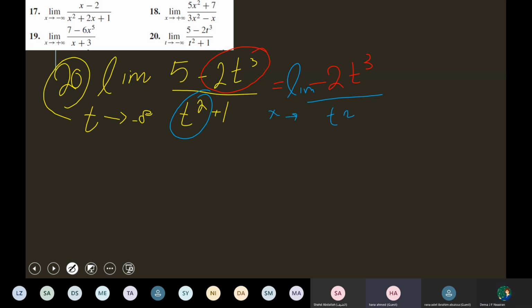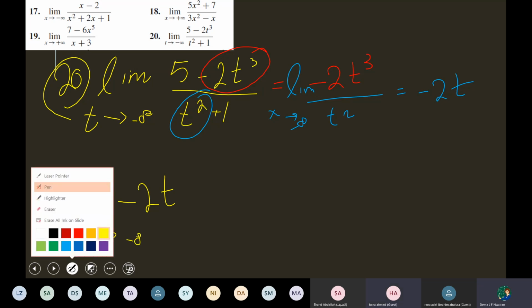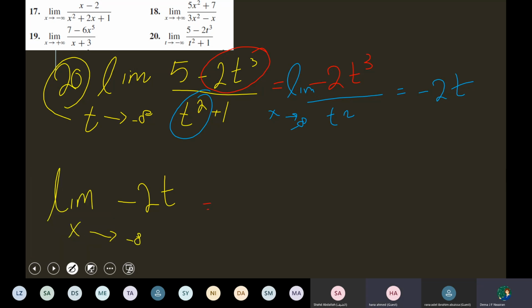Thank you. Now, after you simplify it, what will you get? Negative 2t. So then I have limit negative 2t when t approaches negative infinity. Then what do you have to do, Hannah? Multiply the sign of the infinity by the sign of the number. Thank you so much. Here we have negative, and t is negative infinity. So the answer will be positive infinity. Thank you so much, Hannah.